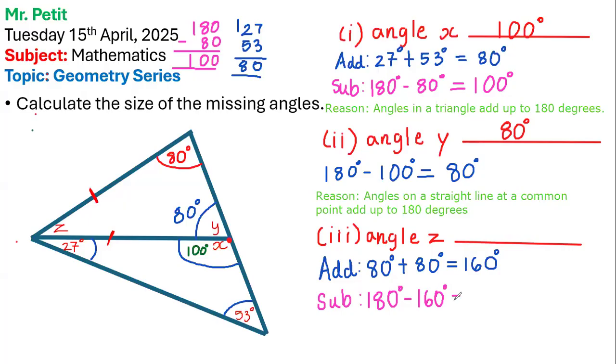And that gives us what? That gives us 20 degrees. And so angle Z is going to be equal to 20 degrees. And that's how we get our answer for that one.